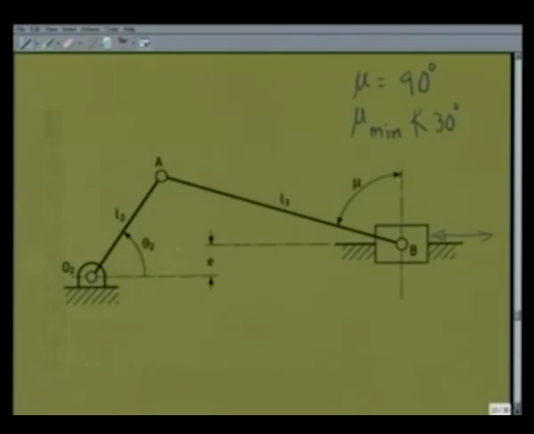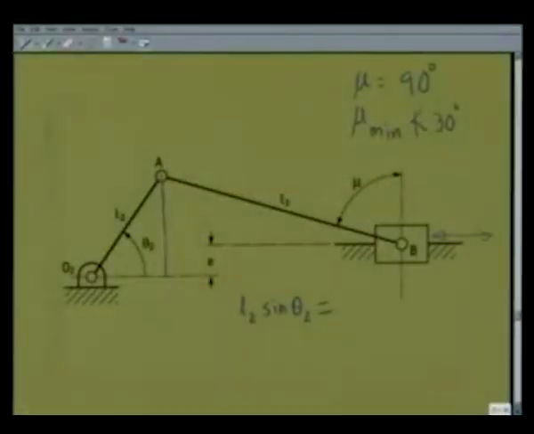For that, we see this vertical distance is L2 sin theta 2, which is also same as L3, this is 90 degree minus mu, so that is L3 cos mu plus E.